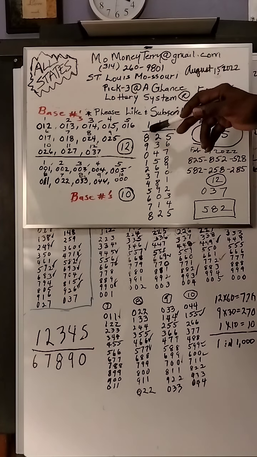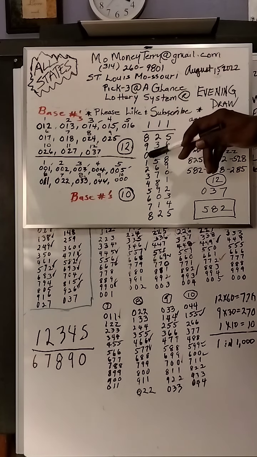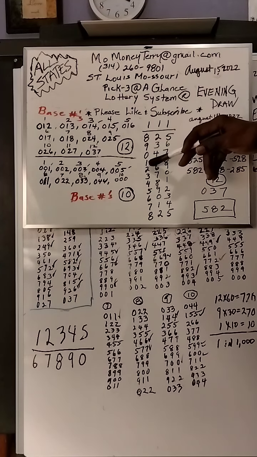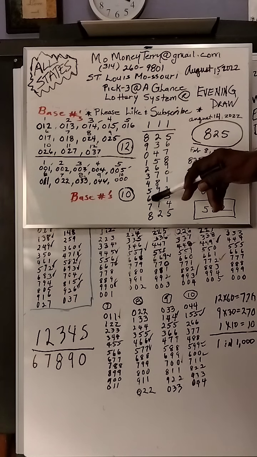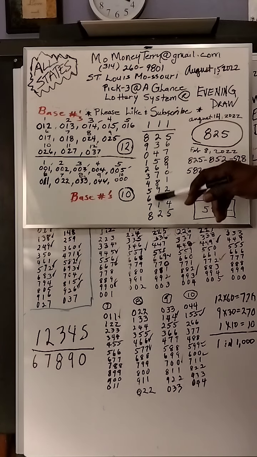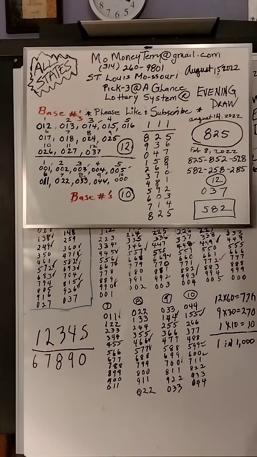You go 1 to 8 is 9, 1 to 9 is 10. You don't use the 1, you use the 0, and the 0 goes in the ones place. Then you add 1 to 0 is 1, 1 to 1 is 2, 1 to 2 is 3, 1 to 3 is 4, 1 to 4 is 5, 1 to 5 is 6, 1 to 6 is 7, and 1 to 7 is 8. The same number you get at the bottom, you get at the top. Okay, that lets you know you added correctly.